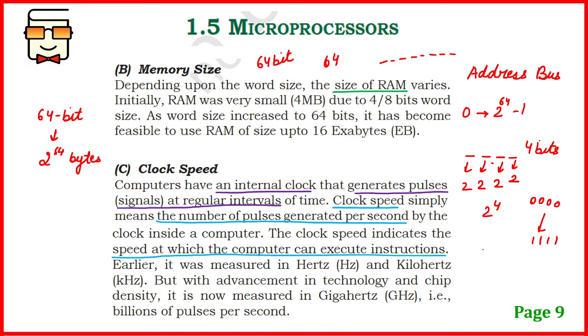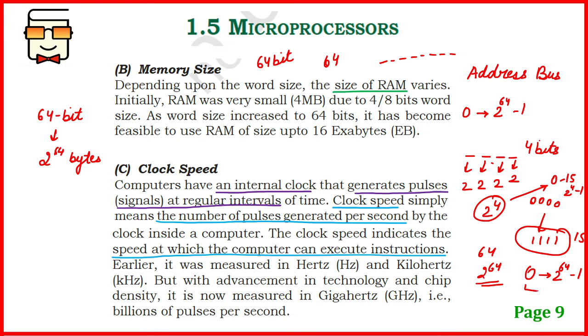Now if we have 64 bits, we'll have 2 raised to power 64 combinations, and these will start from 0 and go till 2 raised to power 64 minus 1. In the case of 2 raised to power 4, the value ranges from 0 to 15, which is 2 raised to power 4 minus 1. Similarly, in the case of 2 raised to power 64, it will vary from 0 to 2 raised to power 64 minus 1.